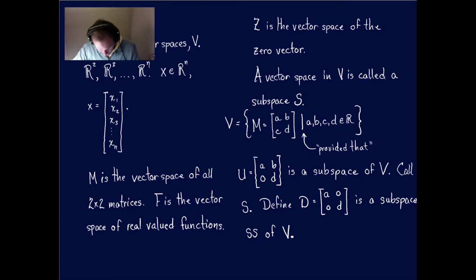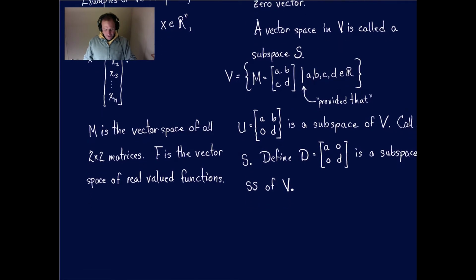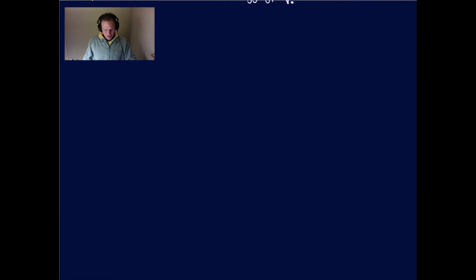Okay, here we go. Let's take a look at an example and see how this works. Let's consider the vector space R2. Now R2, we already said, is a vector space. Now, let's take a look at a space inside of that. Here's what we're going to do.